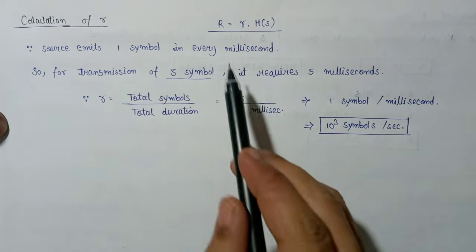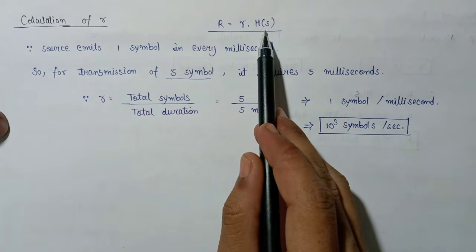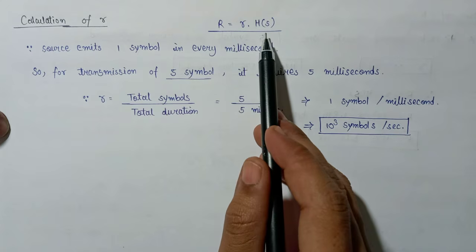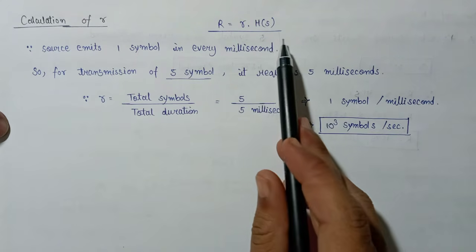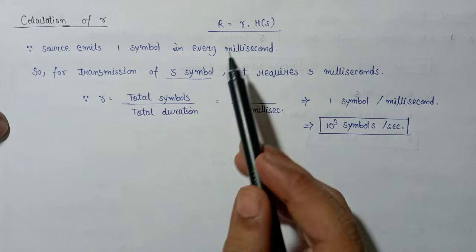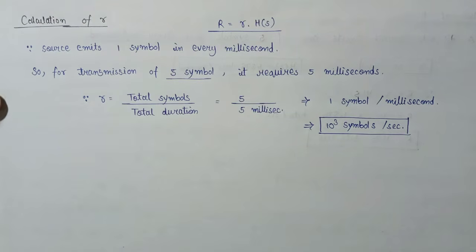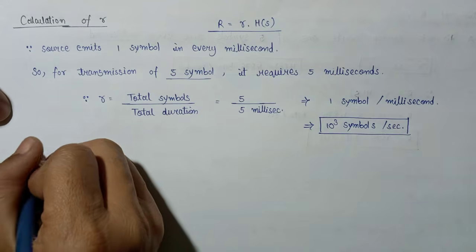Now we have the value of small r, and we have also calculated the value of H of S, that is entropy. So we can easily get the value of the rate of information transmission.